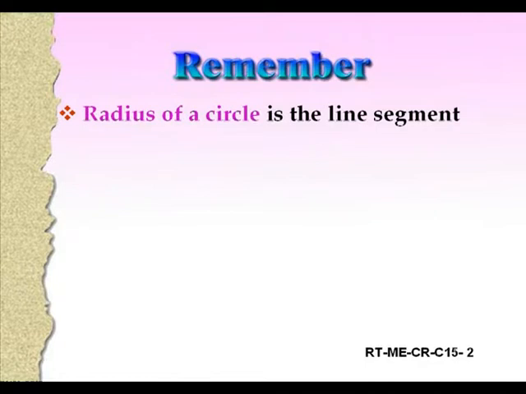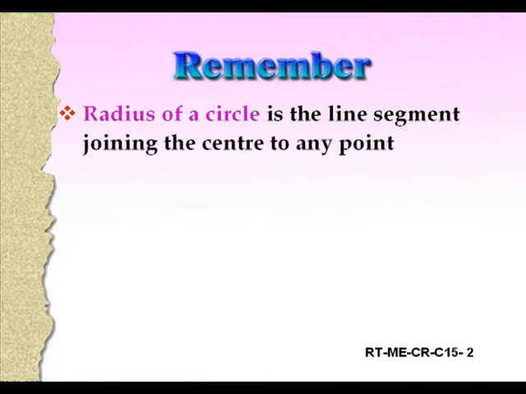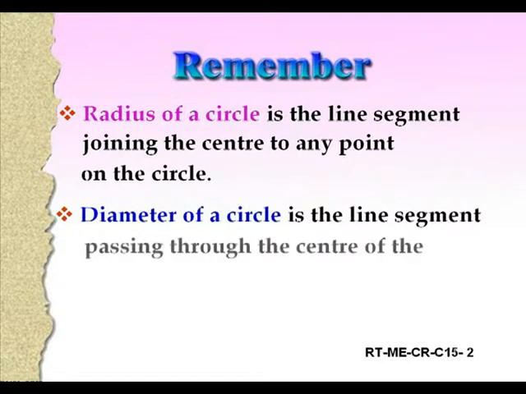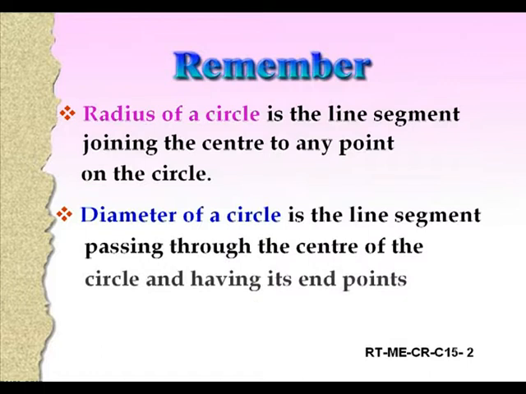Here are some points to remember. Radius of a circle is the line segment joining the center to any point on the circle. Diameter of a circle is the line segment passing through the center of the circle and having its endpoints on the circle.